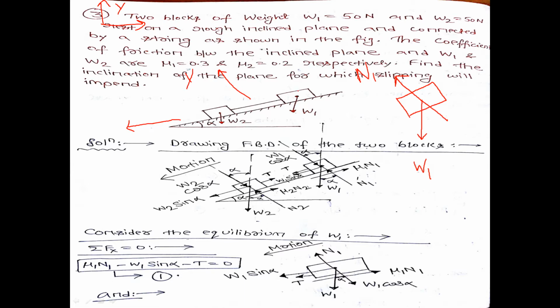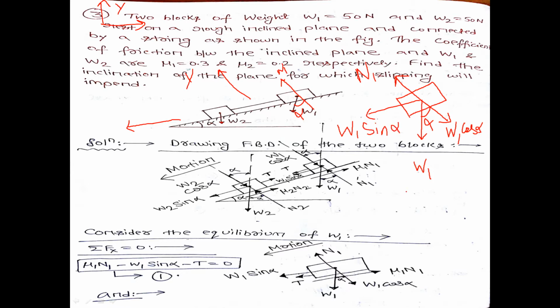If this angle is alpha, I know by geometry that this angle will also be alpha. This W1 will have two components: one is cos and another is sine. Since this angle is alpha, this component is W1 cos alpha and this component is W1 sine alpha.